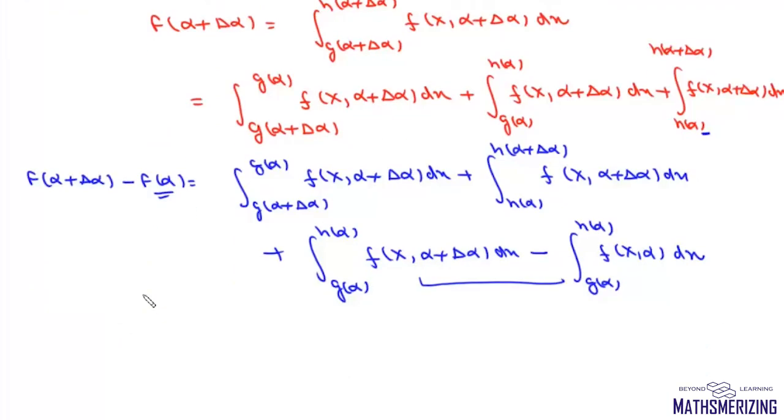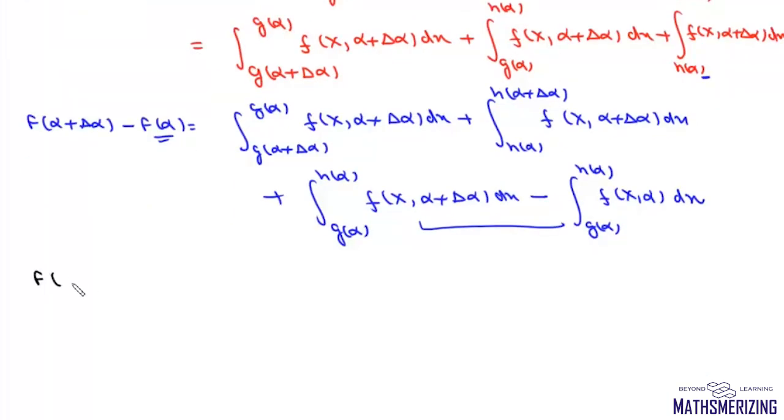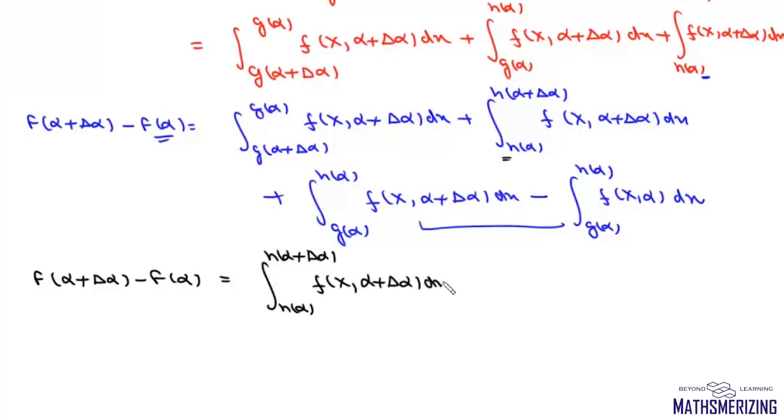So we can write this as f(alpha plus delta alpha) minus f(alpha), and it'll be equal to, now what I'll do is I'll write this one first. I'll write this as the integral from h(alpha) to h(alpha plus delta alpha) of f(x, alpha plus delta alpha) dx, and then for this integral I'll interchange a and b.